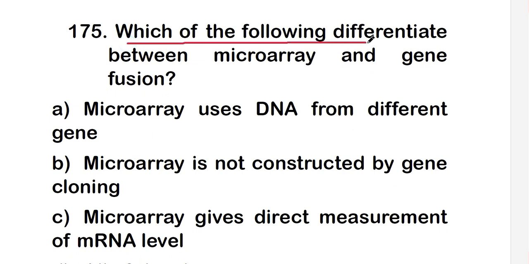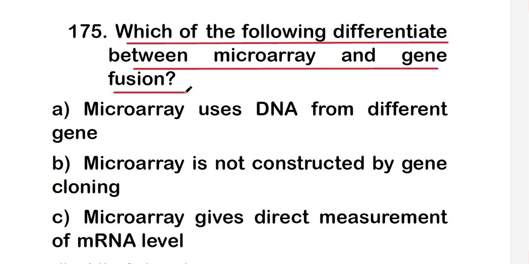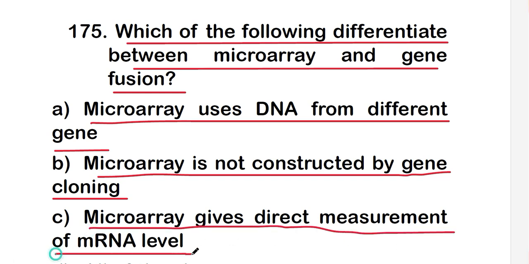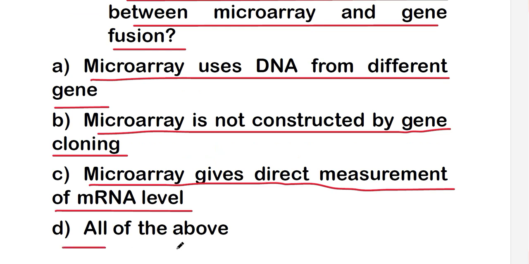Which of the following differentiate between microarray and gene fusion? And options are: option A microarray uses DNA from different gene, option B microarray is not constructed by gene cloning, or option C microarray gives direct measurement of mRNA level, or option D all of the above.